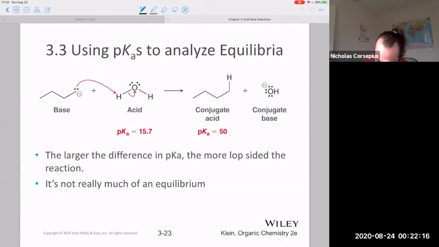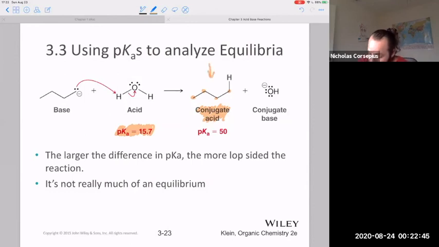Here my base is actually a carbanion, and my acid is again water, with a pKa of 15.7. If I form my conjugate acid, that's just butane here, because there are 1, 2, 3, 4 carbons. The pKa of the conjugate acid is around 50, extremely high.